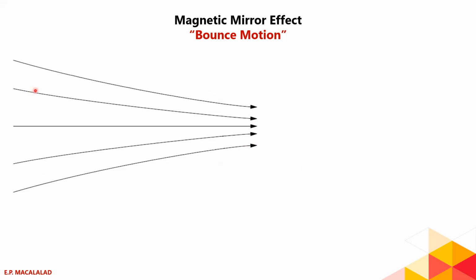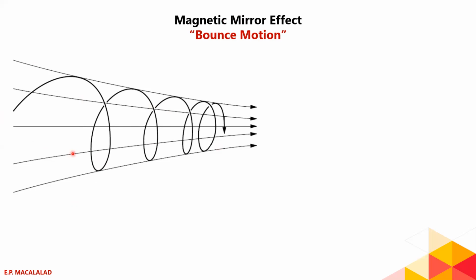Now, if you have a charged particle moving along this magnetic field line, what will happen is that it will gyrate and it will drift along the direction of your magnetic field line, like this.